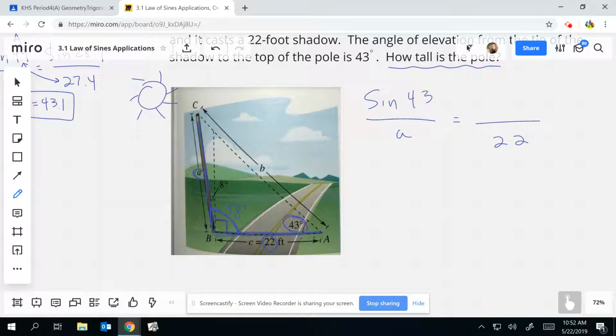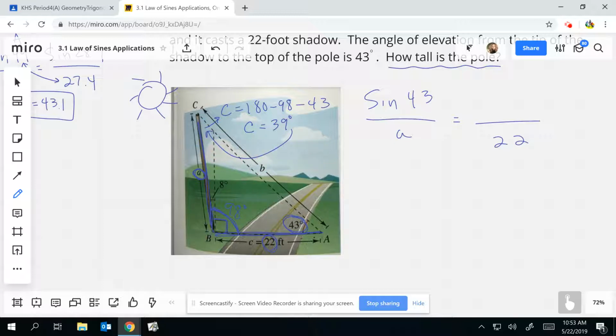So I can just find angle C up here simply by doing 180 minus 98 minus 43. C is going to be, let's see what that is, 39 degrees.